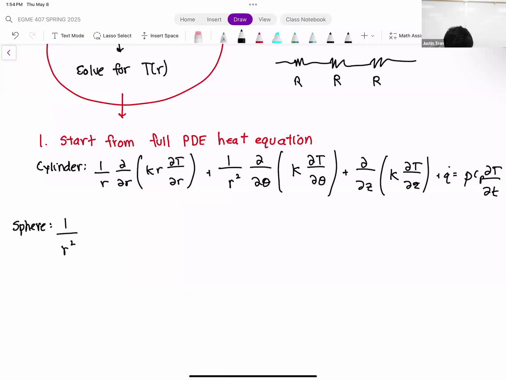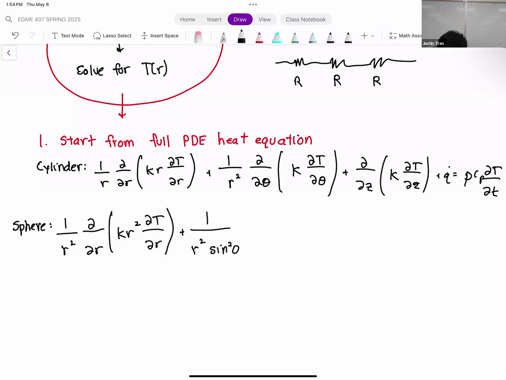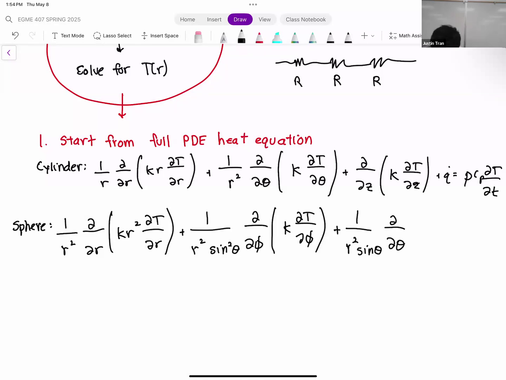We have 1 over r squared partial r of k r squared partial T partial r, plus 1 over r squared sine squared theta partial phi of k partial T partial phi, plus 1 over r squared sine theta partial theta of k sine theta partial T partial theta, plus q dot is equal to rho c_p partial T partial t.